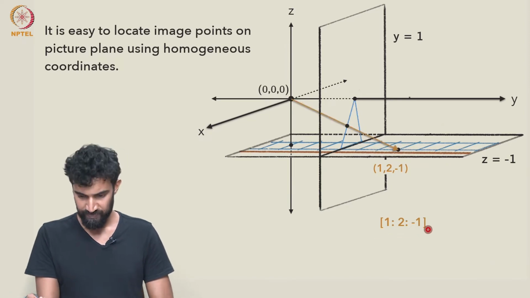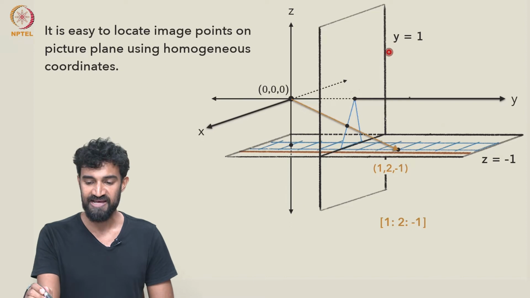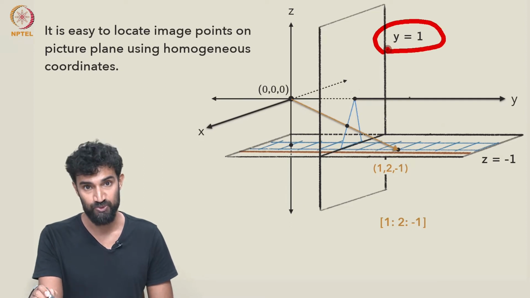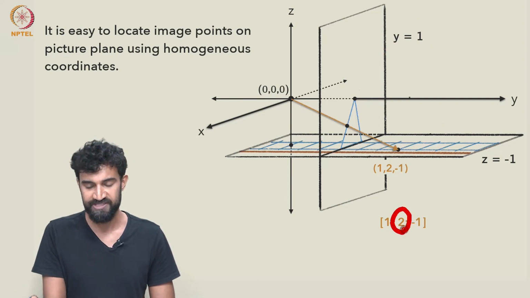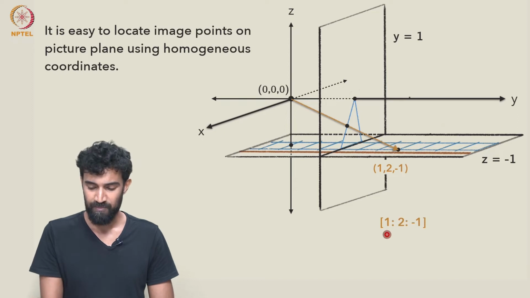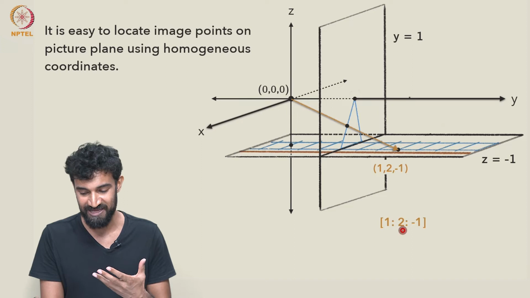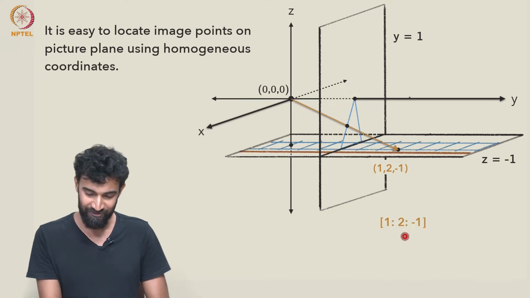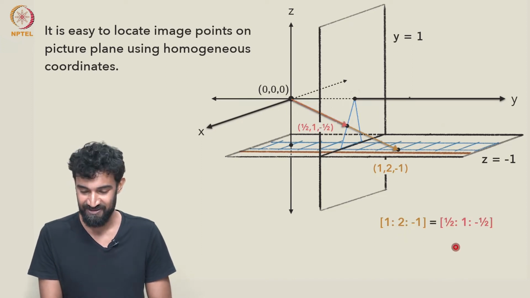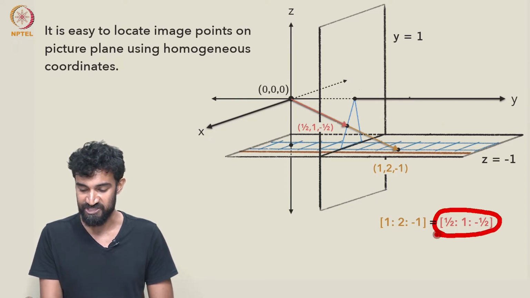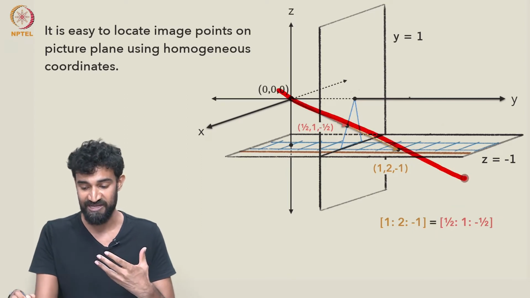And how do we get it? Well, it lies on the picture plane, y equals 1. So we want this y-coordinate to be equal to 1. Can we make it equal to 1 through scalar multiplication? Well, of course, we can multiply it by 1/2. Multiplying by 1/2, we get a new equivalent representation of that same line in space.